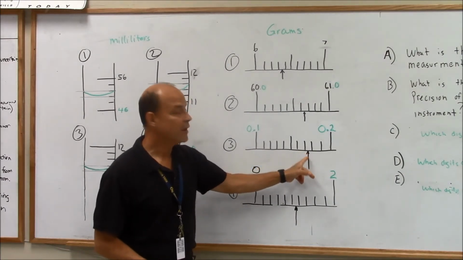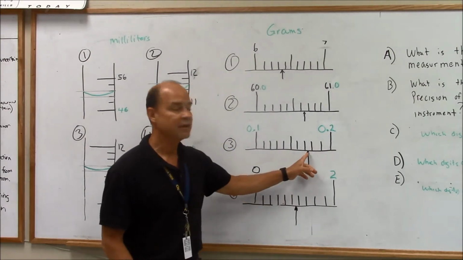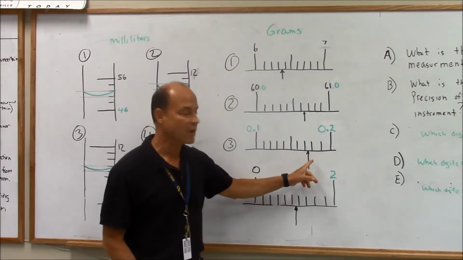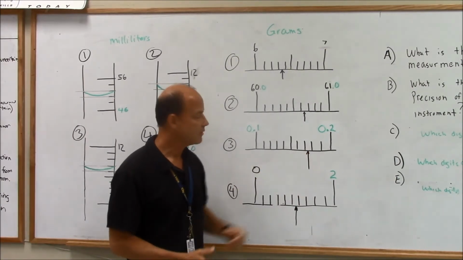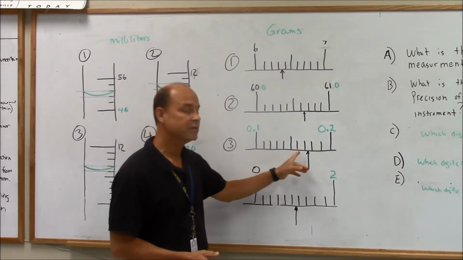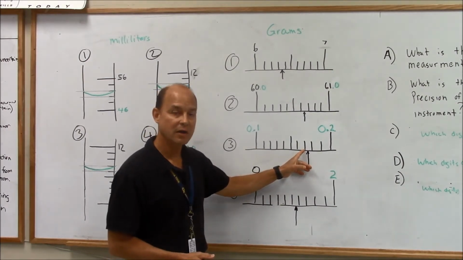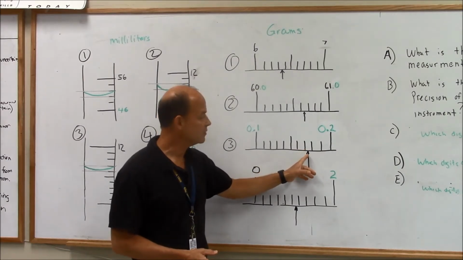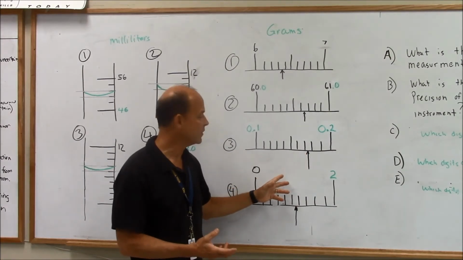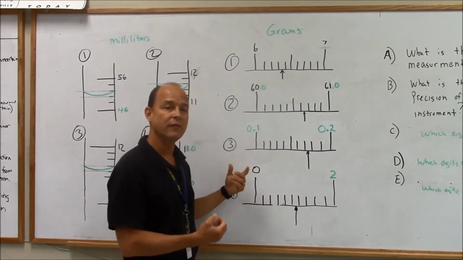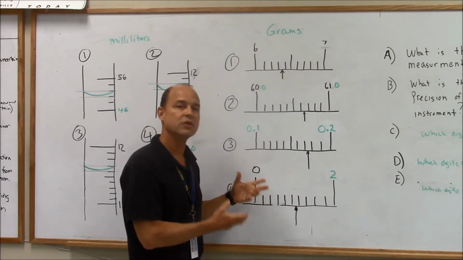But the pointer or the meniscus didn't always land exactly on a tick mark, so you had to guess a little bit in your reading, right? You were certain that the measurement was up to this tick mark, but a little uncertain when it fell in between two tick marks, so you had to guess at that figure. But all of those digits that you recorded, your certain and your uncertain figures, were significant.